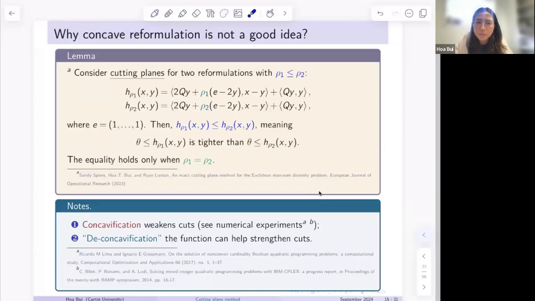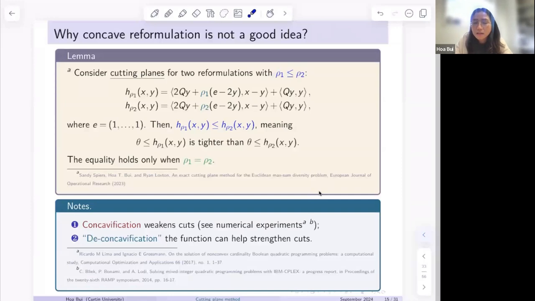But what is missing is that even for a concave problem, in order to improve the cutting plane, maybe we have to think about deconvexifying the problem, because we are going to use a smaller rho, maybe negative rho, to make the problem less convex, and then you apply the cutting plane. The cutting plane will be tighter.